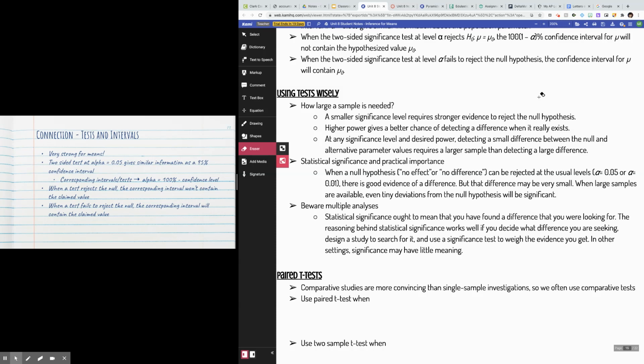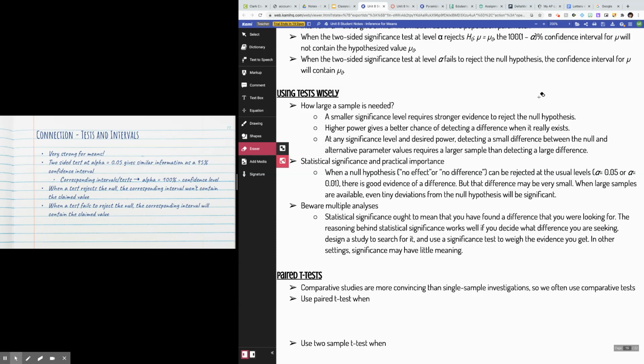First, when you as a statistician are designing a test, there are a couple of things that you have control over. One of those is how large of a sample you need. If you're going to set a very small significance level, so a small alpha value, that requires much stronger evidence to reject the null, and you typically will get stronger evidence if you have a larger sample size.